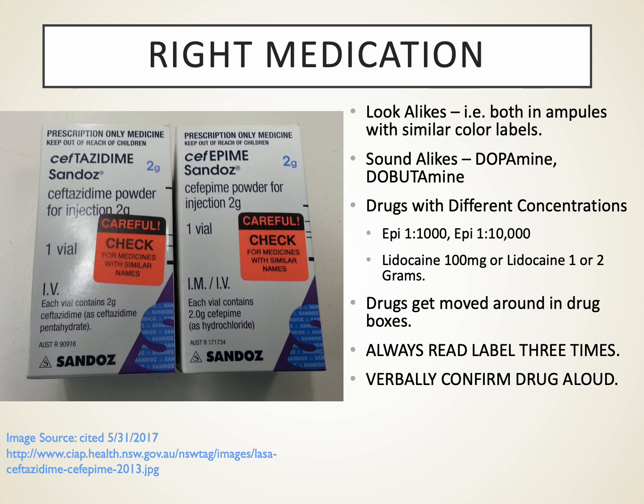This is also true with drugs that have dire consequences based on the concentration of the drug. For example, epinephrine comes as a 1 to 1,000 and a 1 to 10,000 solution. If you're intending the 1 to 10,000 solution but grab the 1 to 1,000 solution, you just grabbed a 10 times higher concentration of epinephrine.